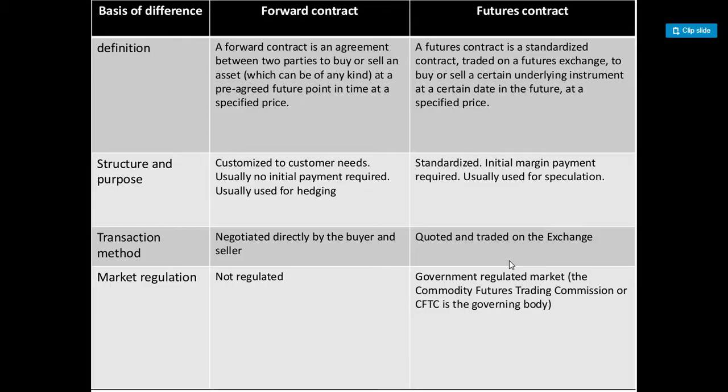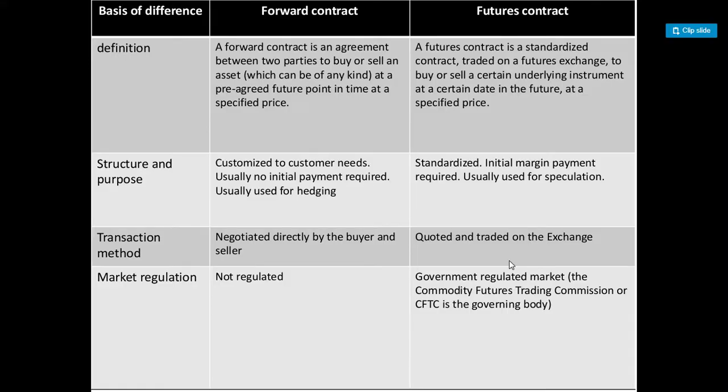First let's check out the concept. A forward contract is an agreement between two parties to buy and sell an asset, which can be of any kind, at a certain price. Two parties to buy and sell an asset means it could be a financial asset or a commodity asset. A financial asset could be a share, bond, or a long term loan, whereas a commodity could be rice, gold, onion, wheat, pepper, oats, all what we have discussed.